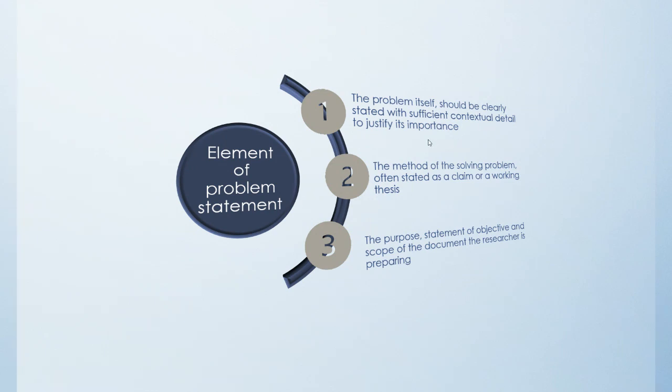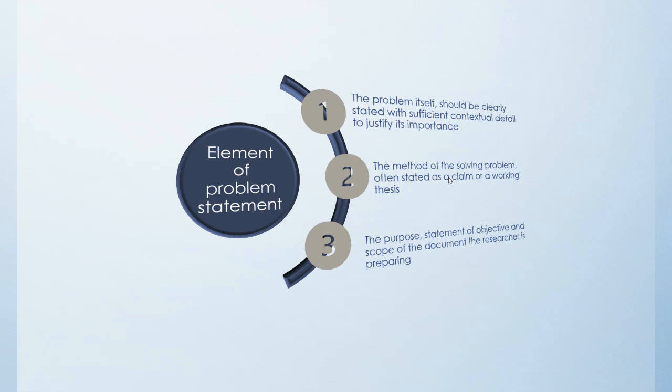Okay, so you need to clearly state, okay, the problem, and then the method of solving the problem, okay, often stated as a claim or a working thesis. Okay, so kena mention lah what are the method of solving the problem. Okay, so you kata dia punya number of cases of mental disorder, okay, makin tinggi.